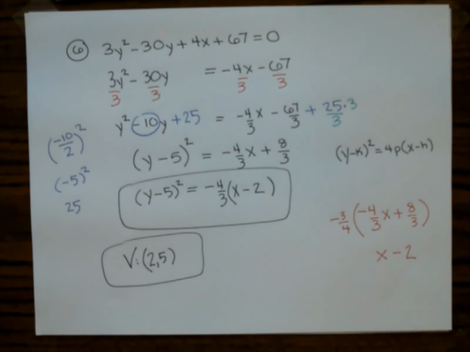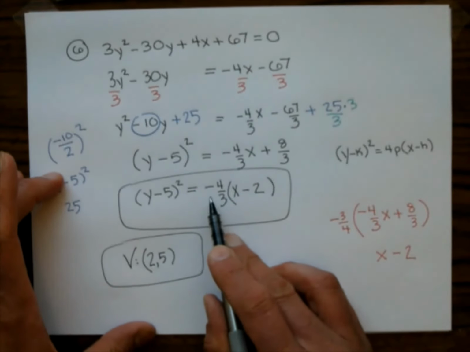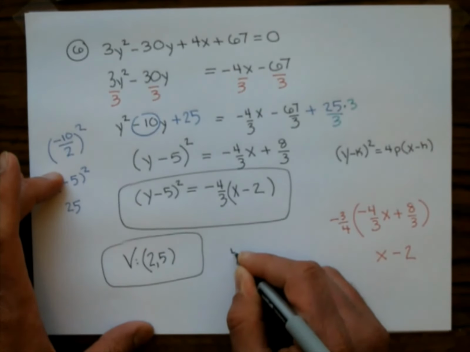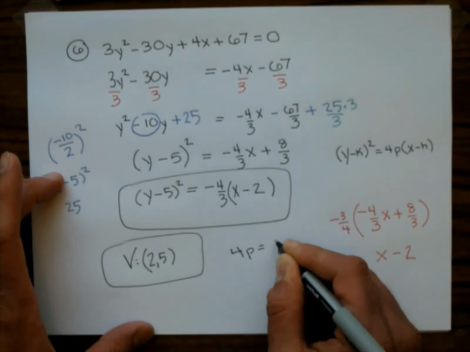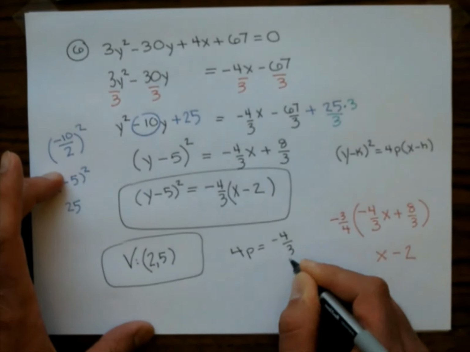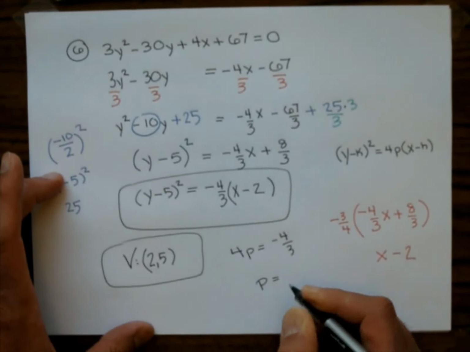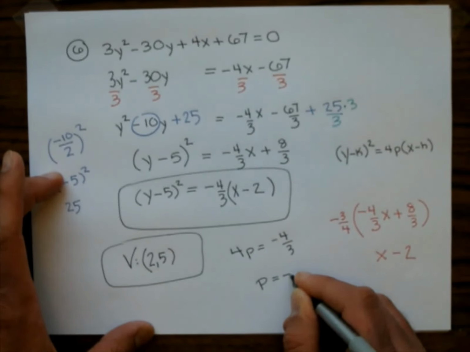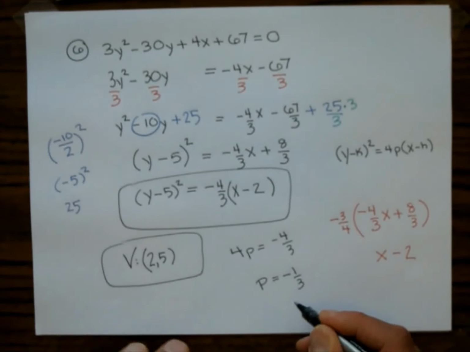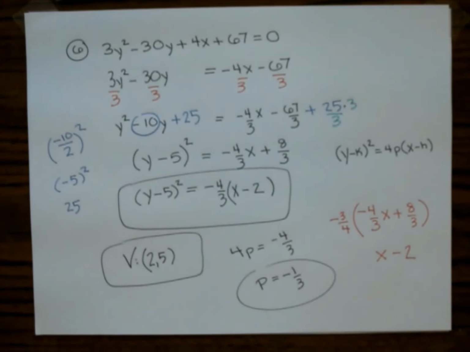If you were to find other things like the focus and the directrix, you would have to find p first. And p is not negative 4/3, but that's what 4p equals. Negative 4/3, and p would equal negative 1/3. And so you can figure out what the focus is and what the directrix is.